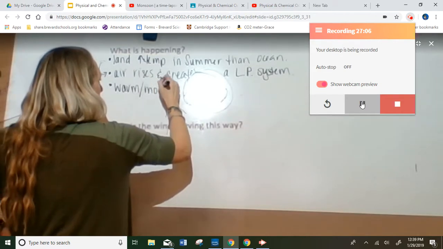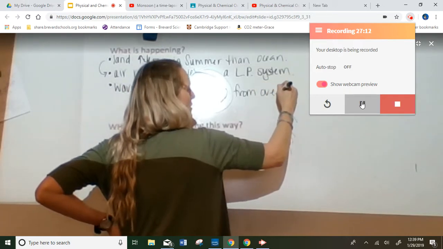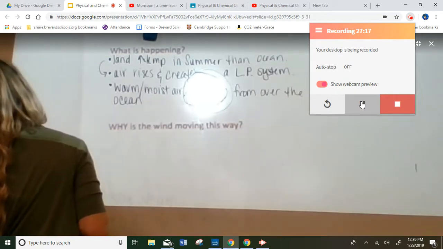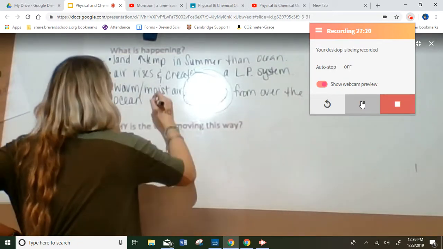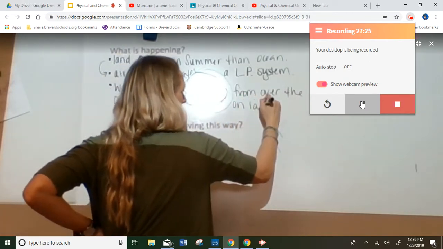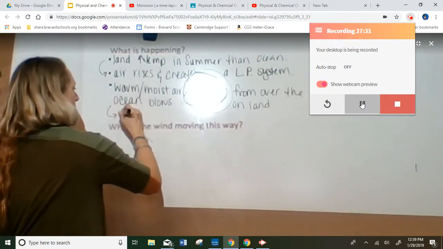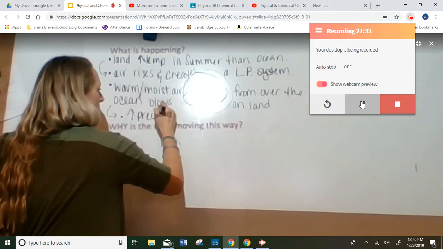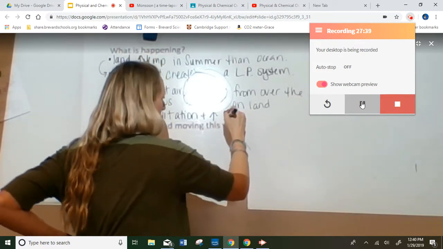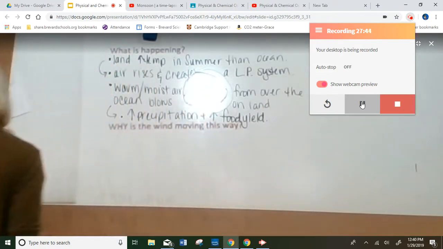Warm, moist air from over the ocean comes to land, blows on land. This is going to cause high precipitation and increase food yields. No famine, no drought.